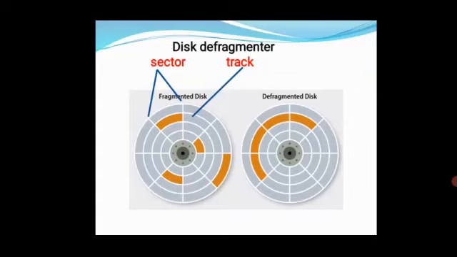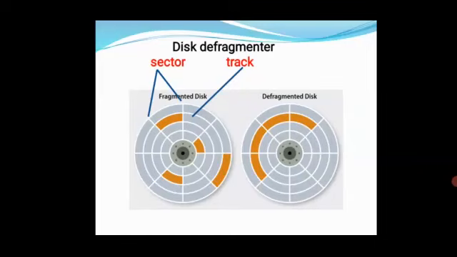What is the use of the hard disk? Whatever we are typing on the computer, when we save that information, where will it be stored? Inside the hard disk. All the information will be stored inside the hard disk.